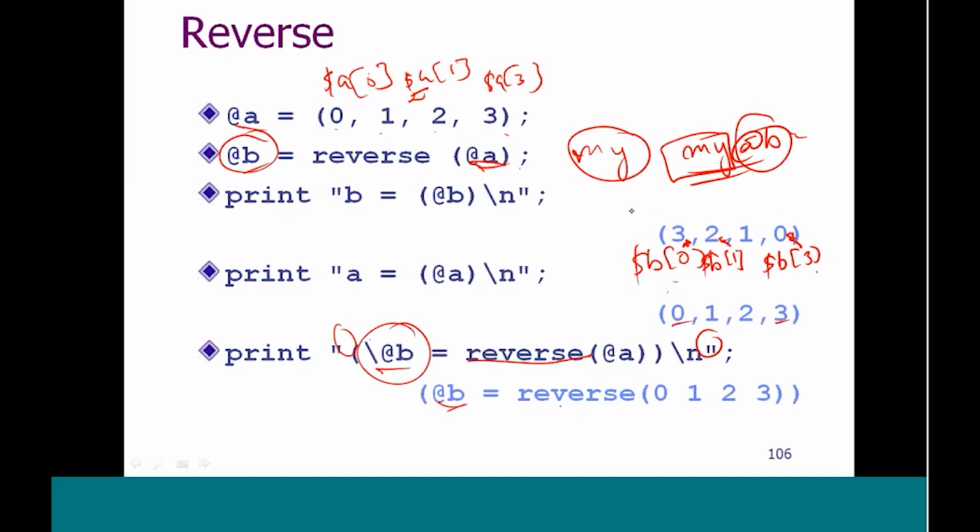It just prints out the same value. But when it sees this portion, it converts it into its array, and that is 0, 1, 2, 3. So this is also a way that you can write out these assignments.